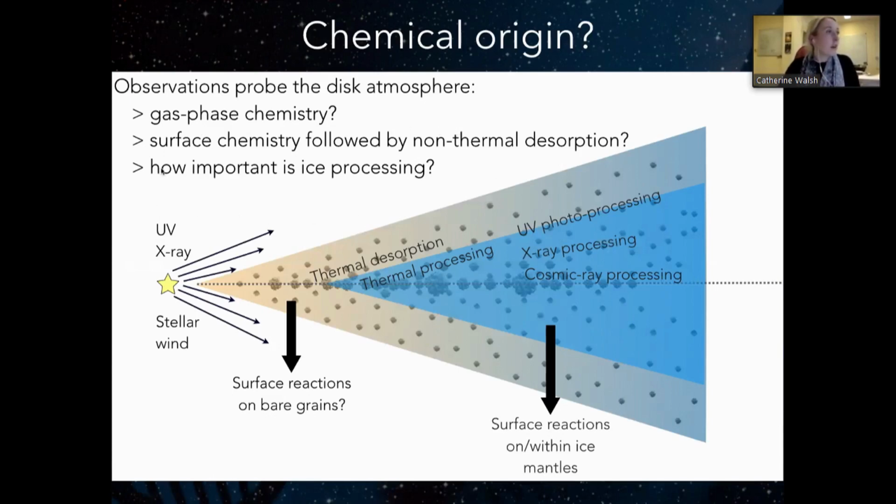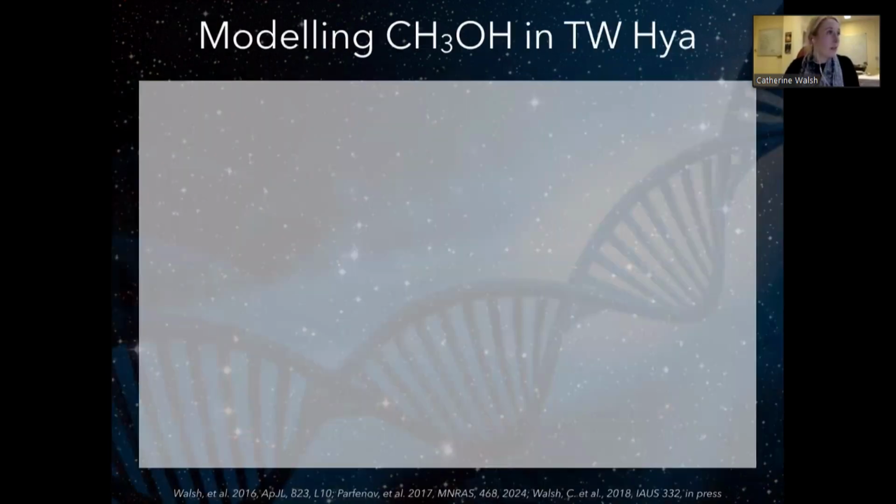Another open question is how important ice processing is, because UV photons and X-rays can also destroy molecules and, in a way, trigger complexity as well. If we shine UV light on methanol ice, for example, we actually see quite a lot of other larger molecules formed, even at low temperatures, 10 Kelvin.